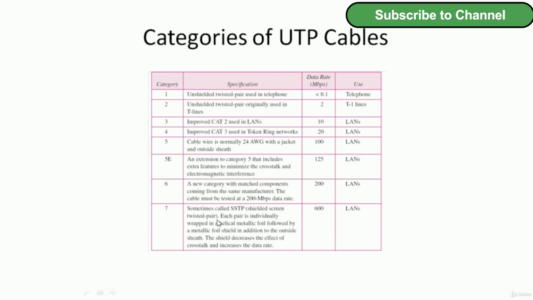And category 7, sometimes called as the SSTP, shielded screen twisted pair, 600 Mbps data rate used in LANs. So these are the categories of the UTP cables. Depending on the applications, these UTP cables are used. Mostly it is used in the LANs and telephones.